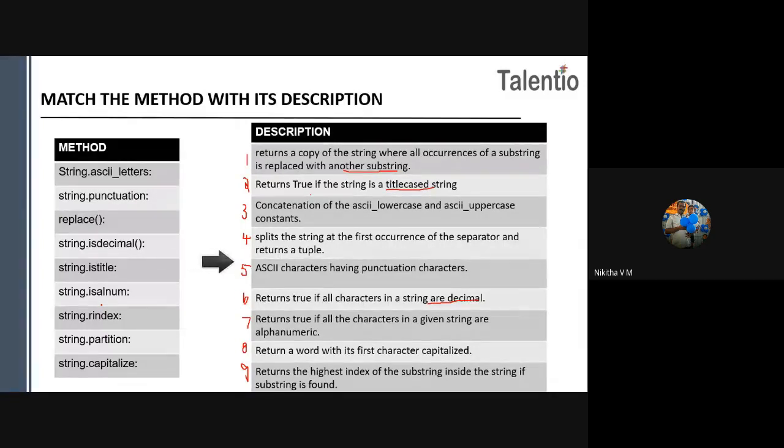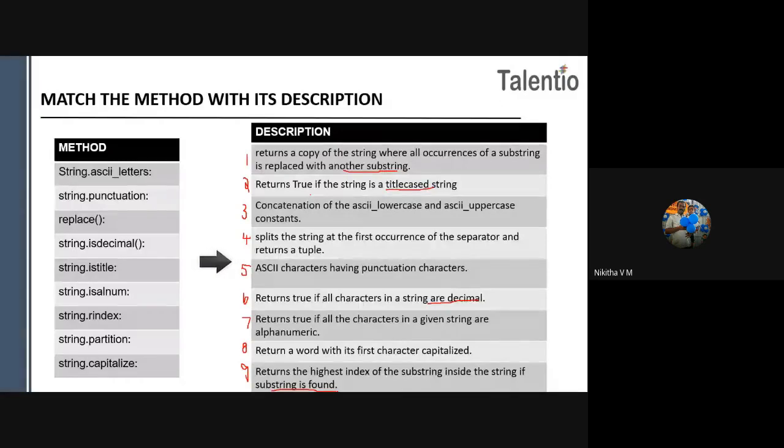Then how about rindex? 9. Yes. So returns highest index of a substring inside a string if a substring is found. So rindex is going to give you the last occurrence, which is nothing but your highest index. Okay.